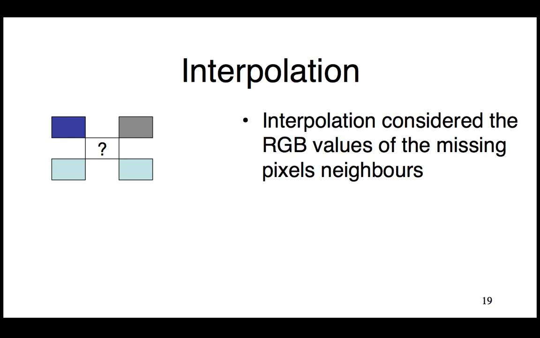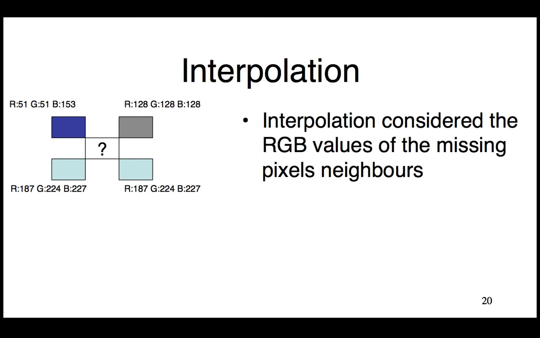Well, if we consider the RGB values of its neighbors, then we could have a stab at guessing what its RGB values might be. It would be the average of its neighbors. Now, if they were all the same, we're probably right. It's probably a patch of plain color, and the missing bits would fit in quite nicely. If it's at the boundary of something, though, that's where the blurriness would come from.